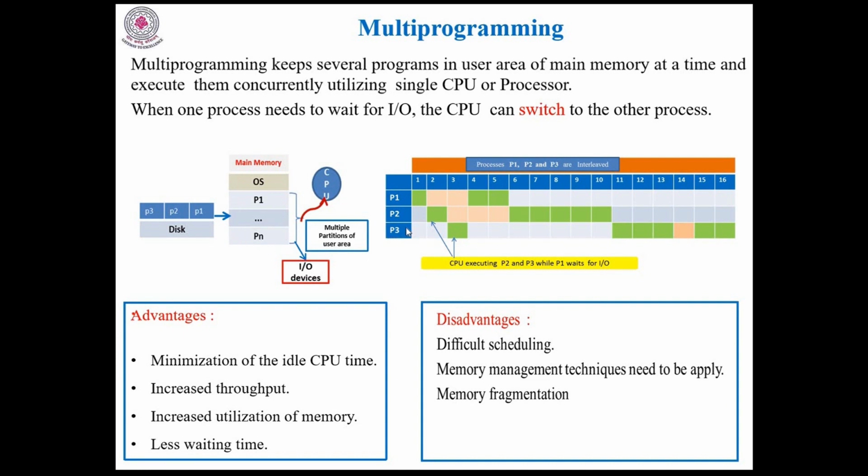When the processes are available in the user area, as per the arrival order, process P1 requests the CPU. Then the CPU will be allocated to process P1. After some time, process P1 is waiting for the IO devices. When P1 is waiting for the IO devices, the CPU is allocated to the next process, whichever is available in the ready queue or user area.